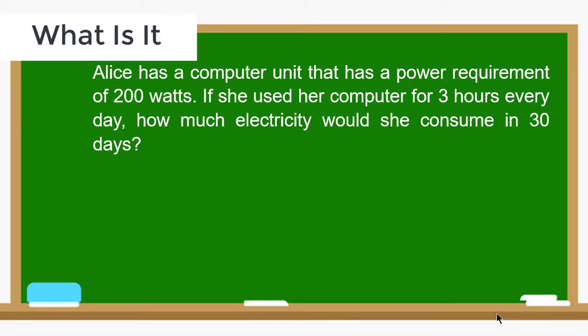Alice has a computer unit that has a power requirement of 200 watts. If she used her computer for 3 hours every day, how much electricity would she consume in 30 days?